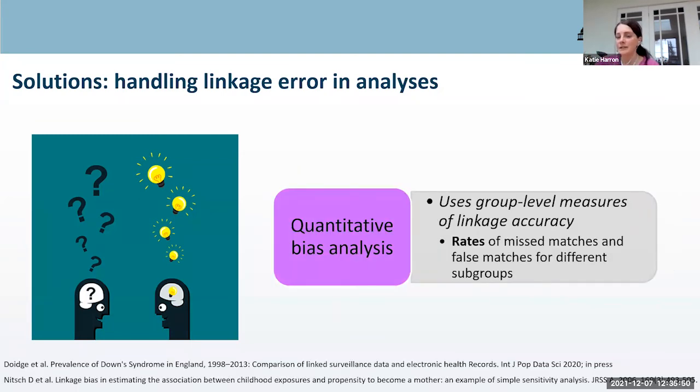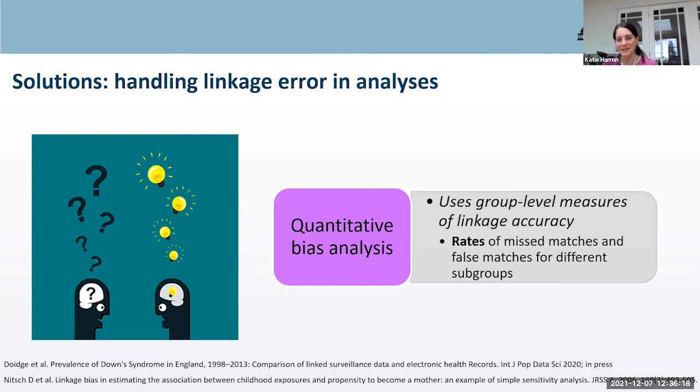And another approach is to use quantitative bias analysis, where we estimate our linkage accuracy rates, which might be estimating false matches and mismatches within subgroups, using any of the methods that I've talked about. And then we use those estimates of the linkage quality to work out what the answer would have been in the presence of no linkage error.